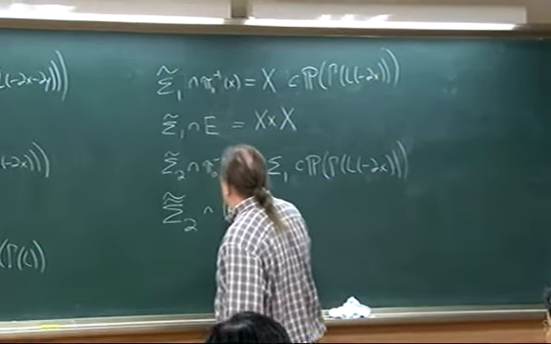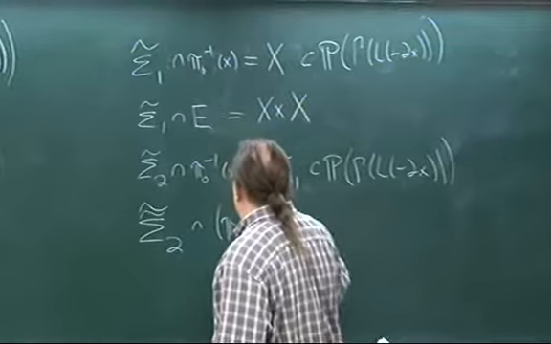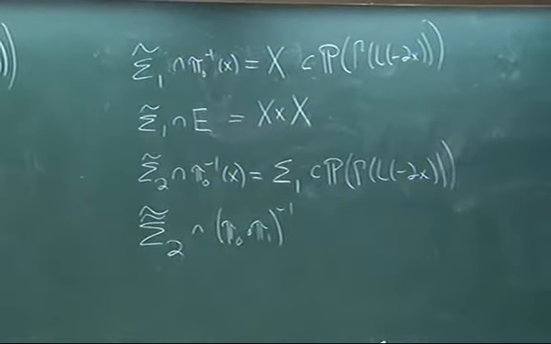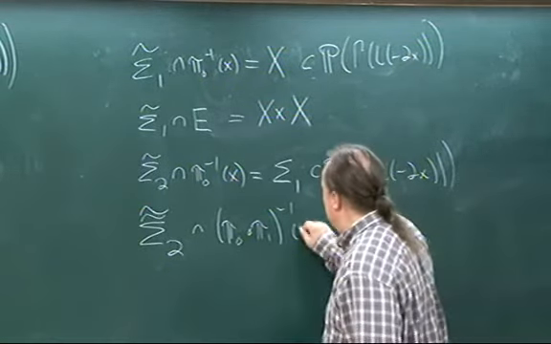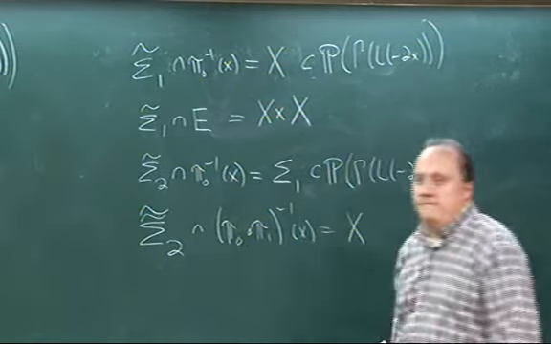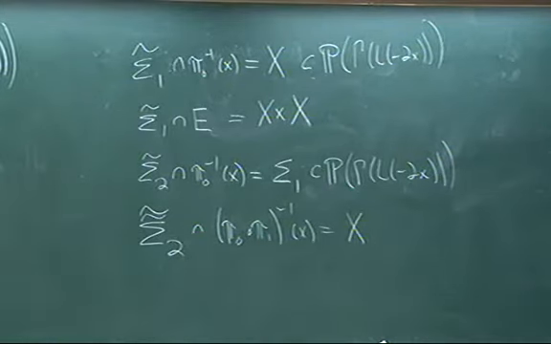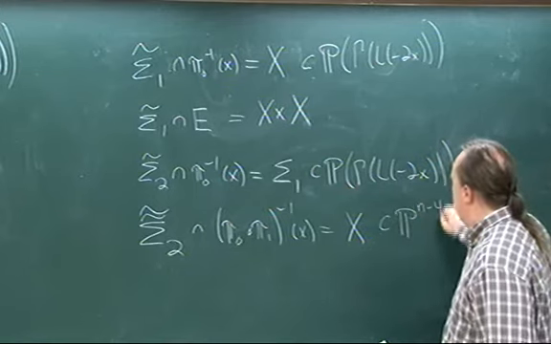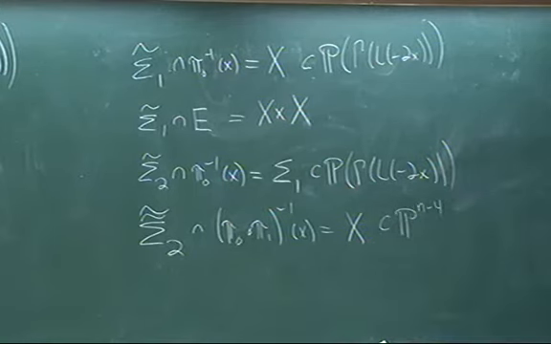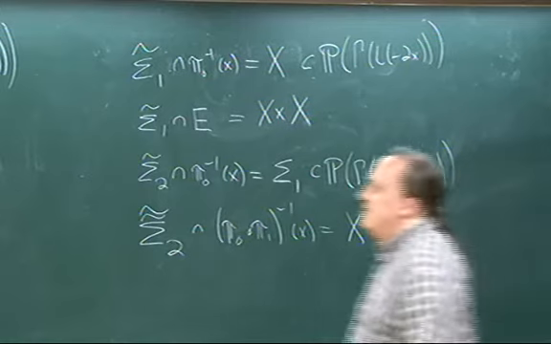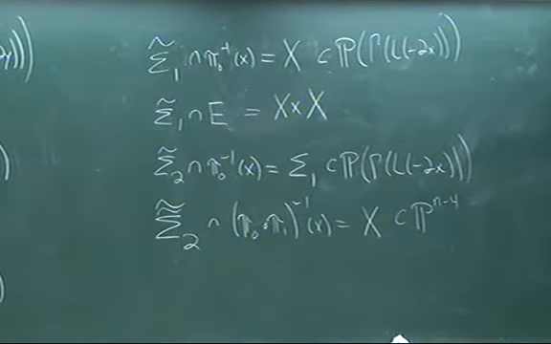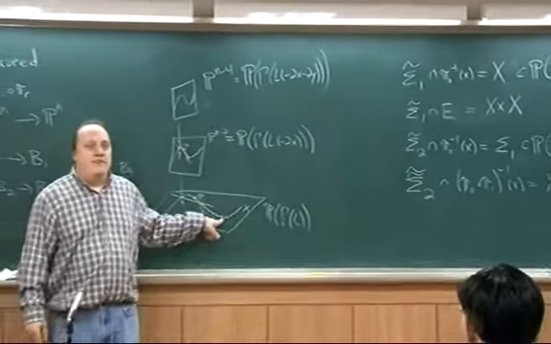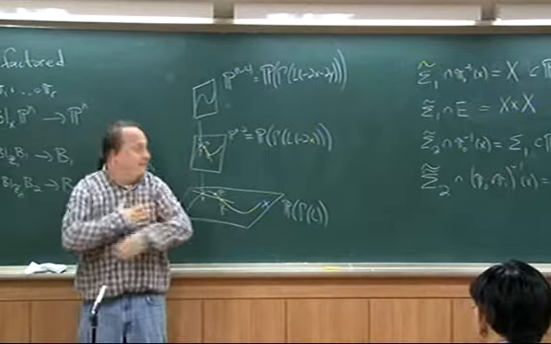If you intersect that with pi 0, pi 1 inverse, you get back point x. You're going to get back your curve. So now in, just write Pn minus 4. If you think geometrically what these things are, what you're doing is you're walking around your curve. And at every point of the curve, you're going to project the curve from the tangent line. That's what this is, right?